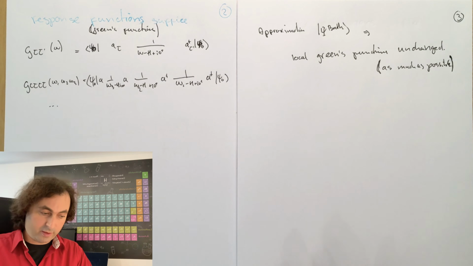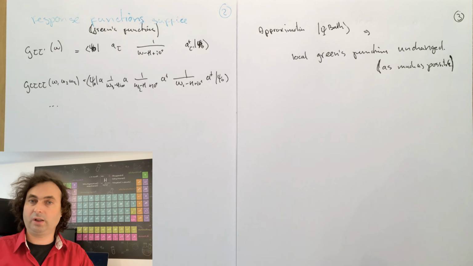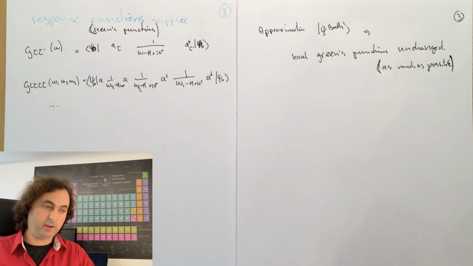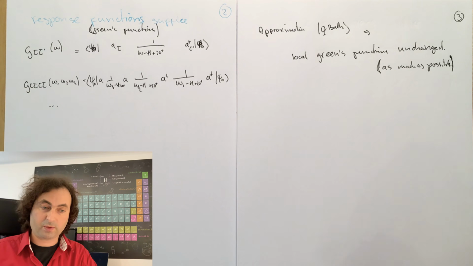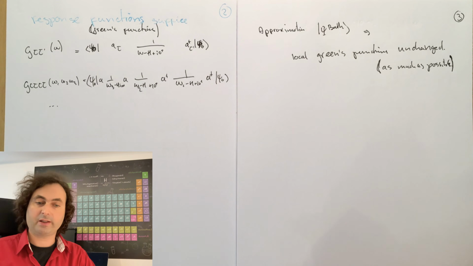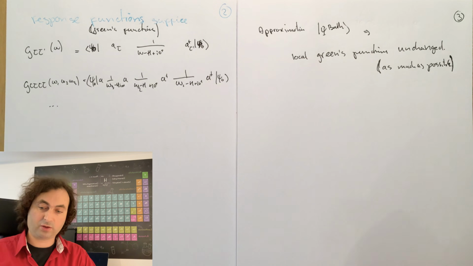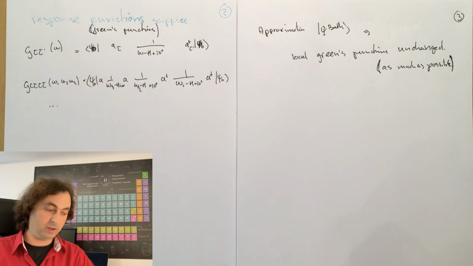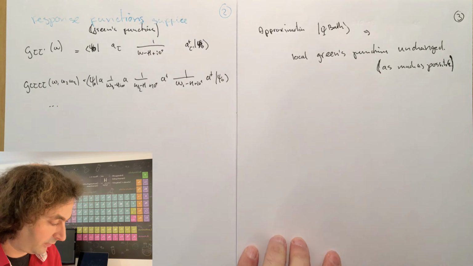We'll find ways to make extensions such that when you include more and more, you will not change all your Green's functions, but we can start, of course, with some approximations. And in order to introduce how one should be able to do this, let's start on a mean field level and then see how we can expand this until we can reproduce the exact local Green's functions of our lattice.